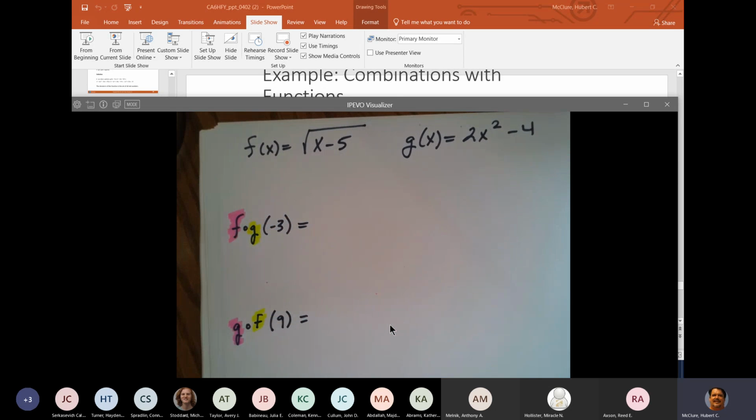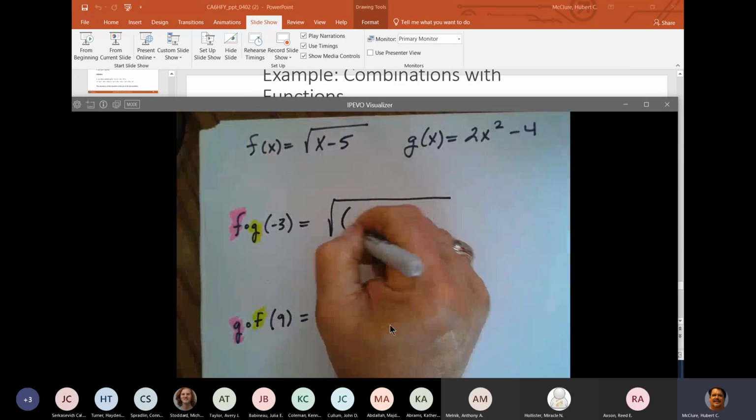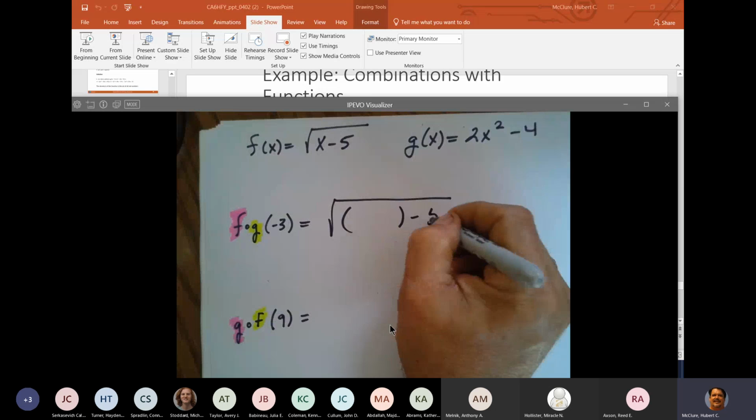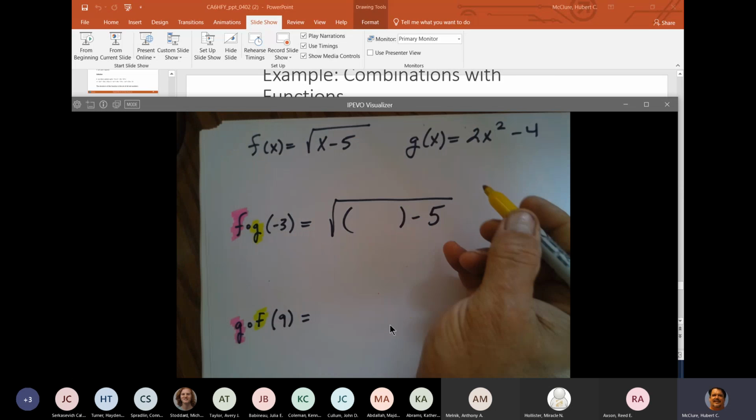So I'm going to rewrite f with a big set of parentheses, and I'm going to plug in (2x squared minus 4).